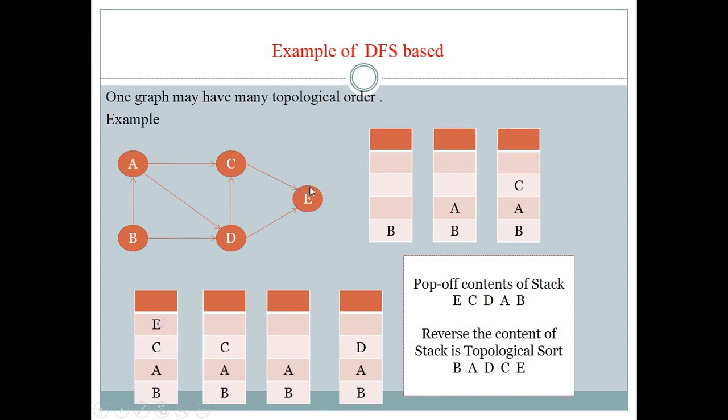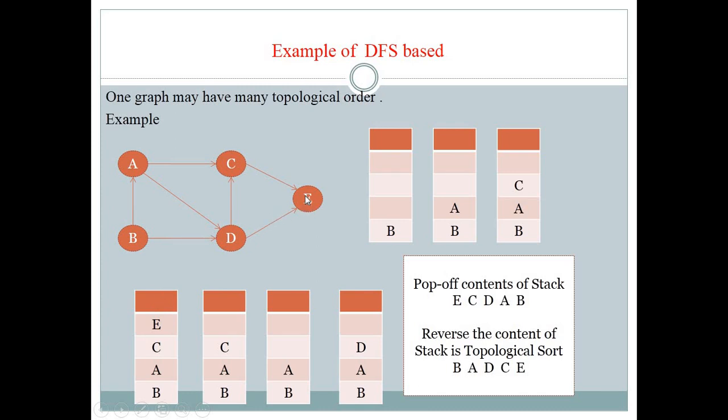Now we will check for E. No unvisited node from E here, so we will pop E and put it into our storage. We will store our popped elements. E is deleted first, so we save E here.